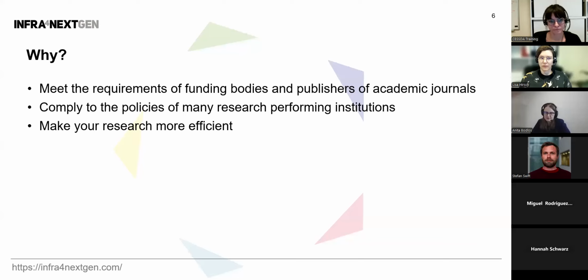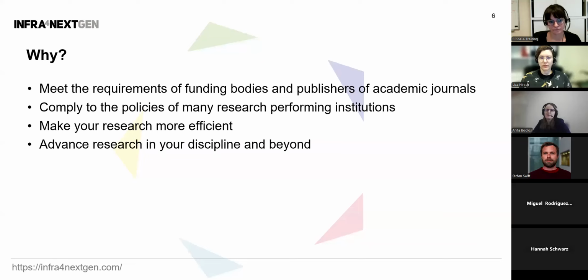In this consent form, you should already describe clearly which steps you will take and how you will process the personal data, where they will be published, who will have access, under which conditions you will make the data accessible. So if you think about all these steps before you start working with your actual research data, it makes your life a lot easier and your research more efficient, because you can get ahead of problems.